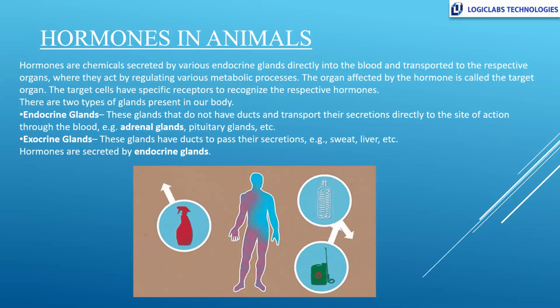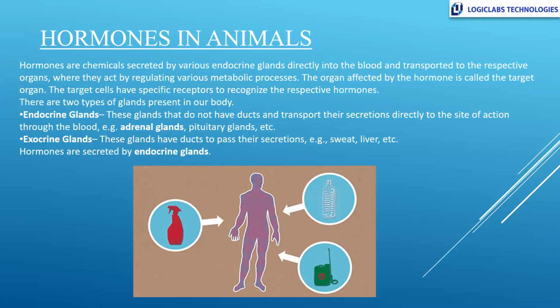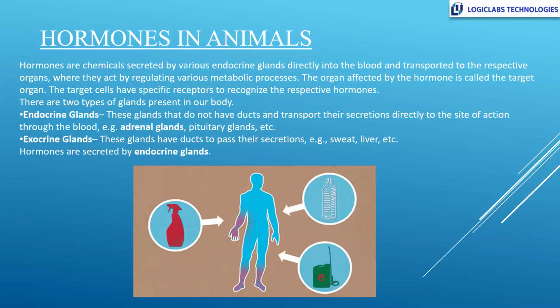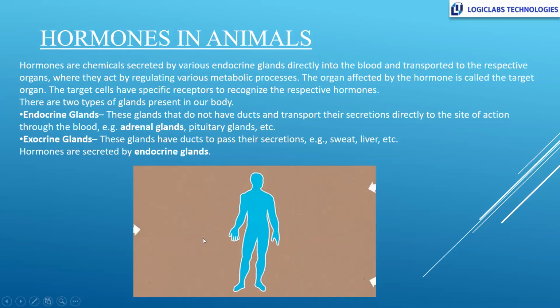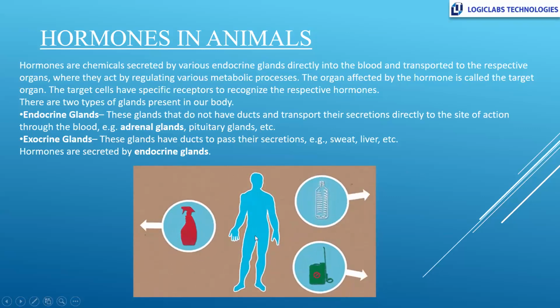For example, we have the adrenal glands and the pituitary glands. These are examples of endocrine glands. These are the different chemicals which are released into the human body.